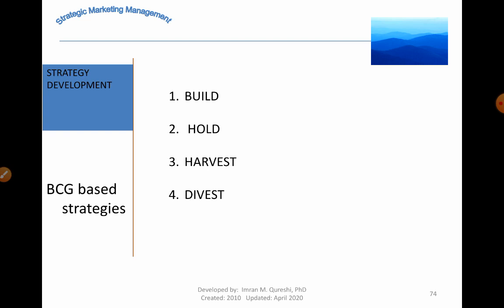The farmer is putting in his activity by tilling the land, sowing the seeds, giving water, fertilizers, sprays, pesticides, whatever. But this is all investment going in.